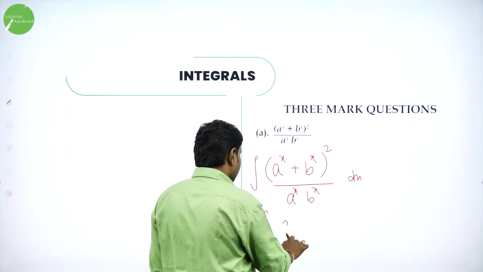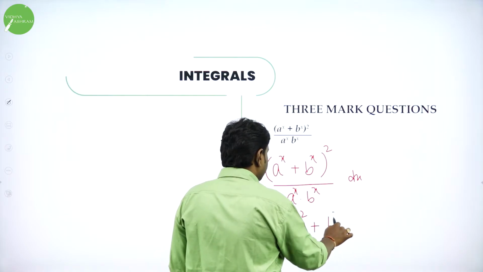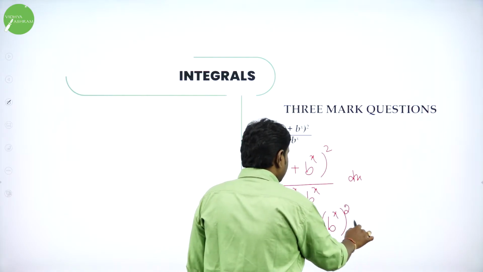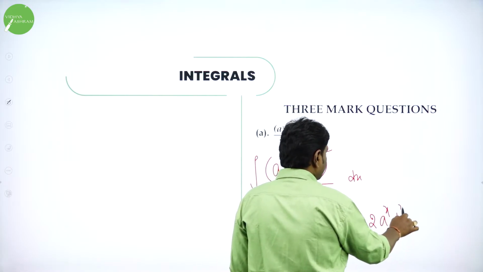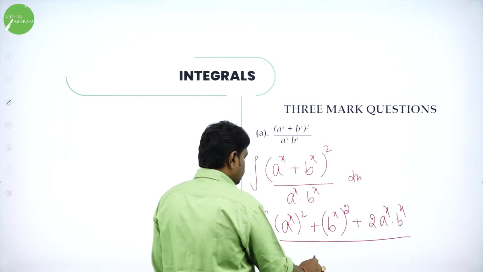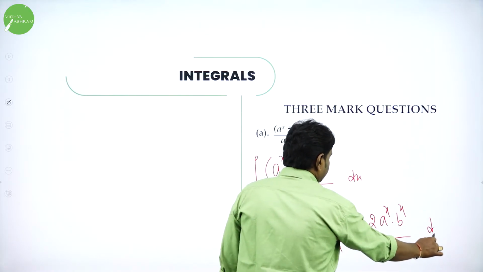So integration of, I will write a power x whole square plus b power x whole square plus 2 into a power x into b power x divided by a power x into b power x with respect to x.